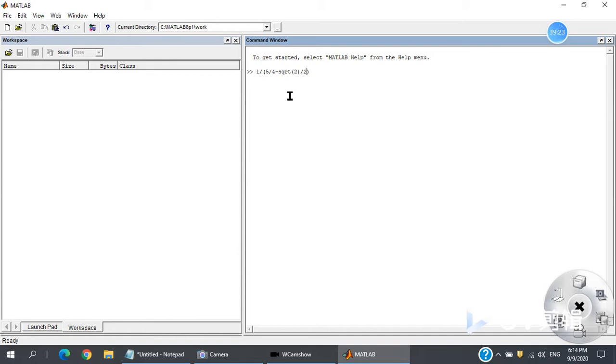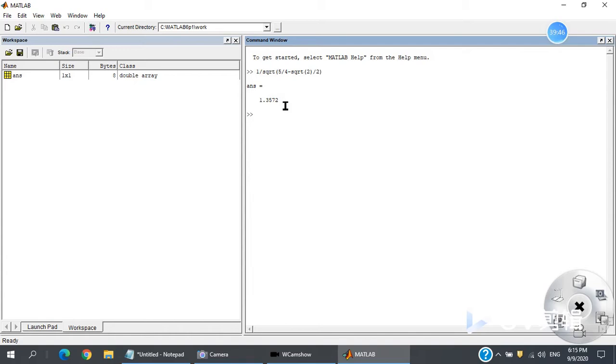Let me copy it. The square root of this is 1.3572.